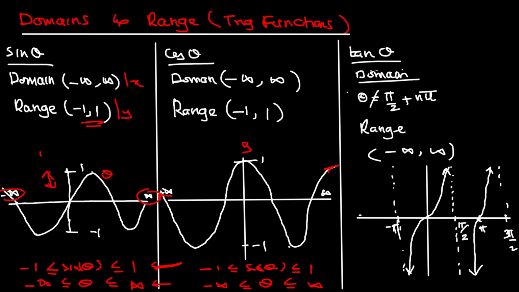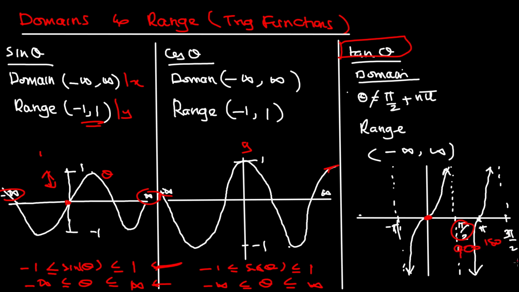Now we go to the tangent. This one is a little bit tricky because it doesn't have a continuous function. You see that here you have 1, there you have 1, you can have 1 this side, and so on and so forth. Now, the thing to note is that it starts from the origin, almost like this one here, and then look at the gaps. You have pi over 2, which we said, if we convert, is 90 degrees.